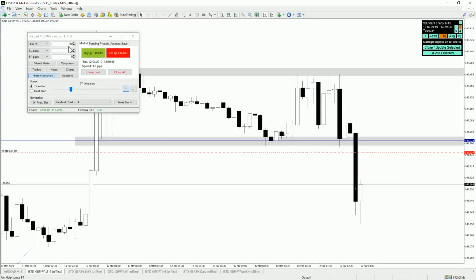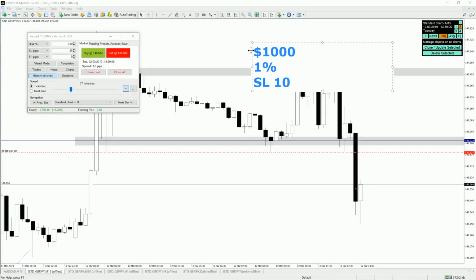Let's say, for example, my balance was $1,000. Let me just get this one idea really straight here. So I had $1,000 and my risk was 1%. Now, if my stop loss would be 10 pips, what's going to be my lot size here to risk 1%?